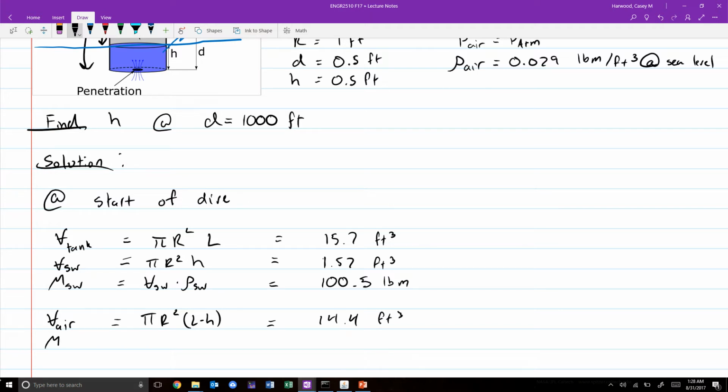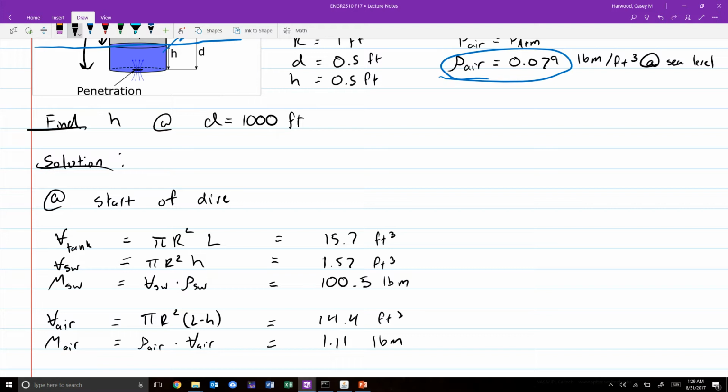And then finally, the mass of the air contained within the cylinder is going to be equal to the known density of air, which is given up here. That's supposed to be a 7. Known density of air times the volume of air contained within the tank, which will give us 1.11 pounds mass.